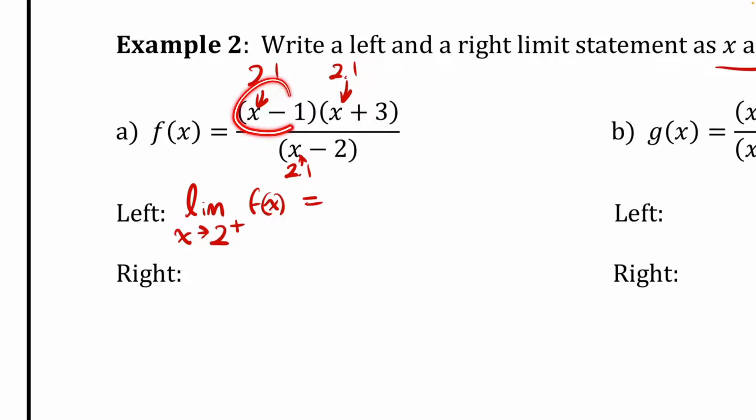All right, this sign will be what? This will be positive. 2.1 minus 1 is 1.1, which is positive. 2.1 plus 3 is positive. And 2.1 minus 2 is positive. So this is a positive on the top, positive on the bottom. Therefore, this entire thing is positive.